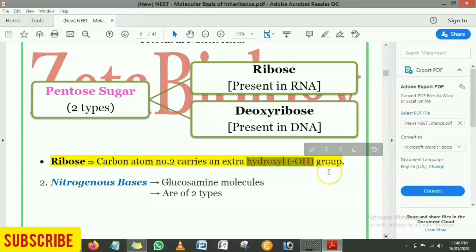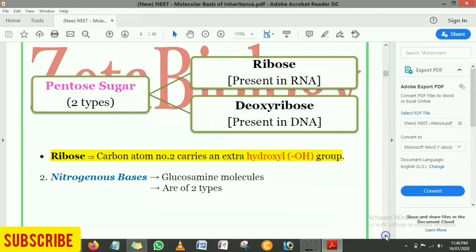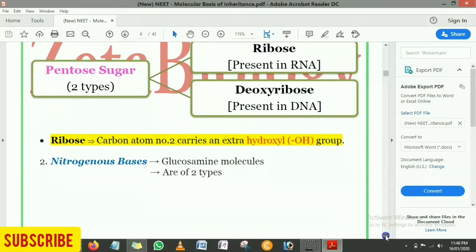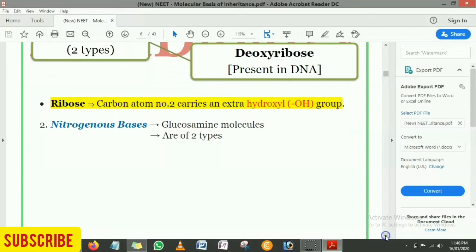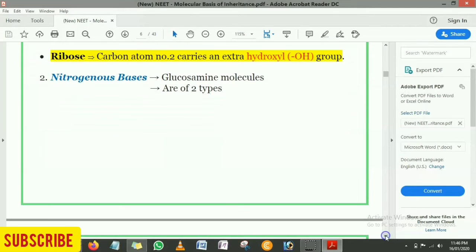Ribose is different from deoxyribose because the carbon number second of ribose sugar carries an extra hydroxyl group, that is an extra OH group, whereas in deoxyribose this OH group is not present, only H is present on carbon number second. So that is the basic difference in the structure of ribose and deoxyribose sugar.